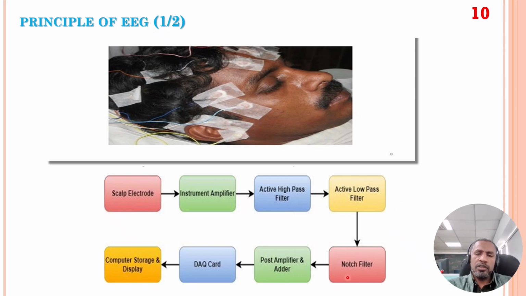The notch filter removes unwanted signals or artifacts, and then it needs a post amplifier adder, and finally a DAC card, and the data is generated in computer storage display. The data can be extracted using this computer.